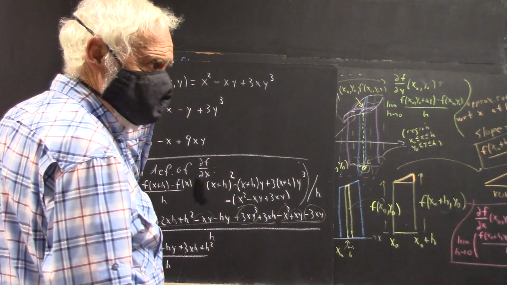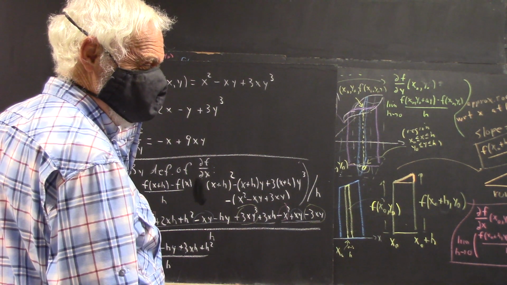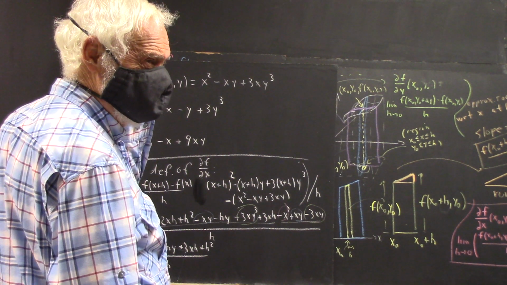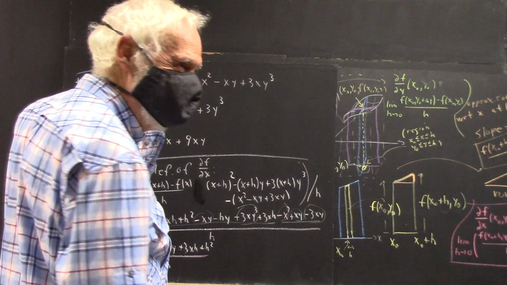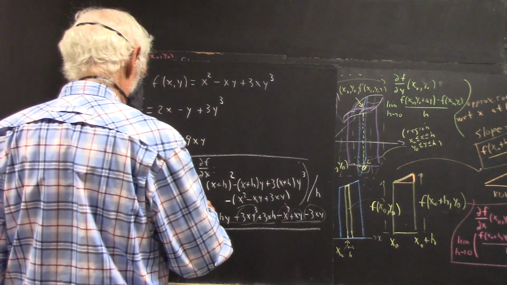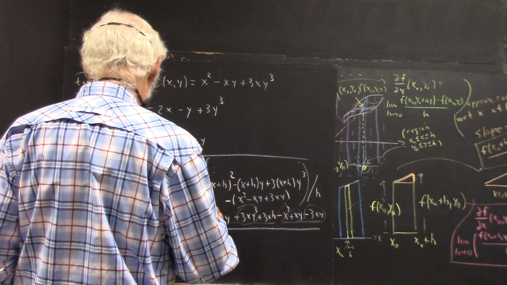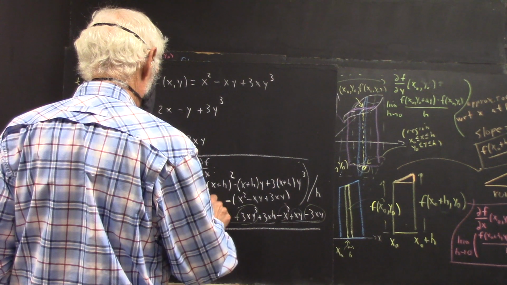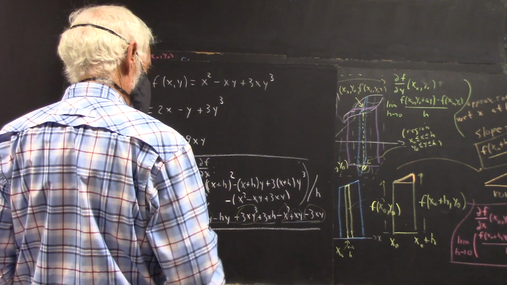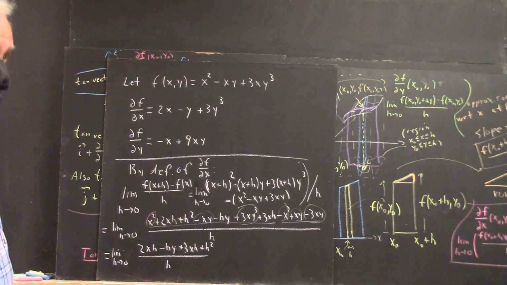I took my calculus course 57 years ago. I was in that calculus course. So like a lot of people, I keep forgetting to write the limit thing here. So this is not really a good thing to forget. But okay. So now reminding ourselves that this is a limit.